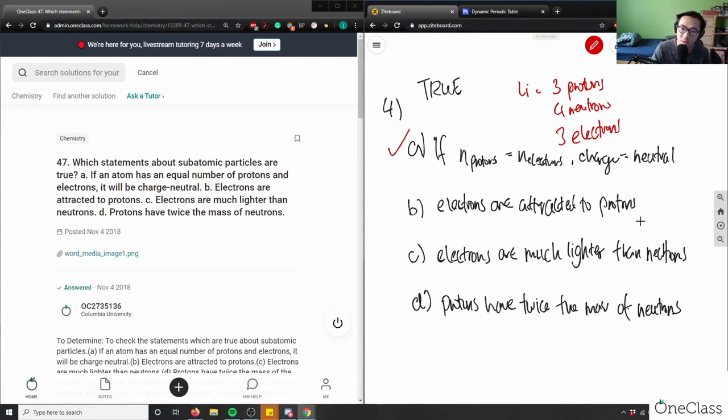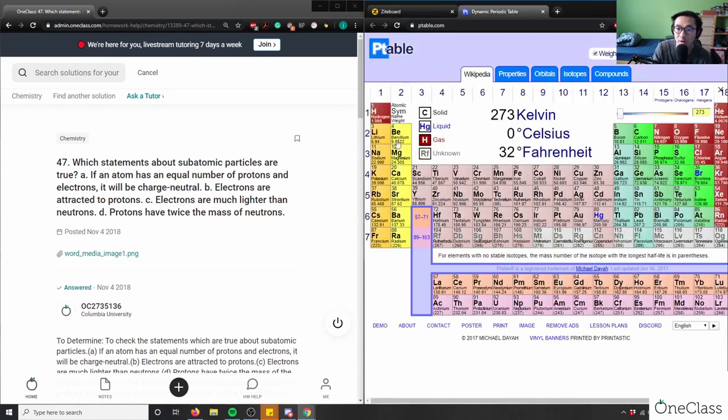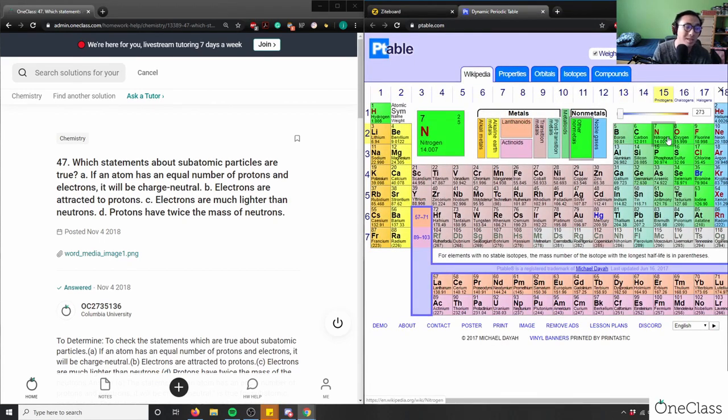B states that electrons are attracted to protons. This is also a true statement, and I'm going to use the topic of effective nuclear charge. When we talked about atomic radius in grade 11, we said that going across a period in the periodic table, atomic radius decreases, right?